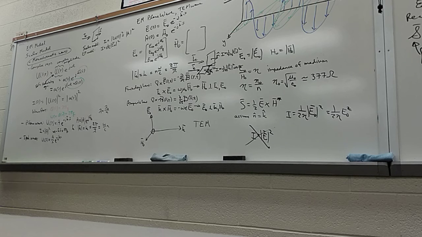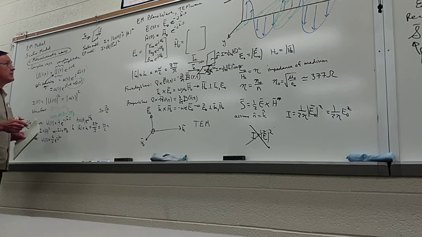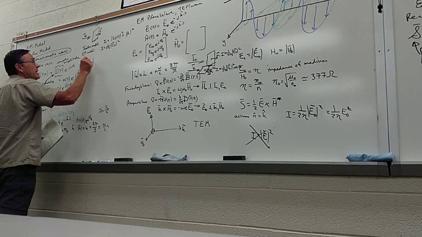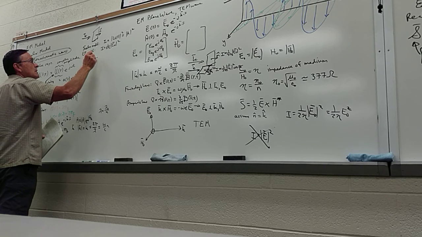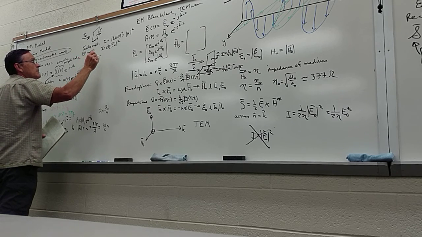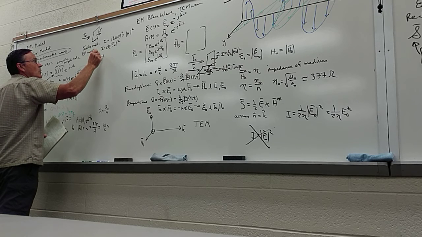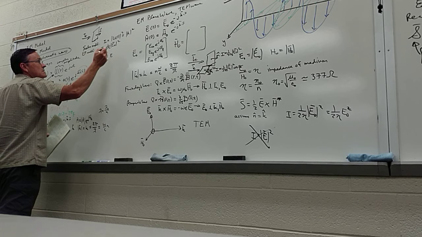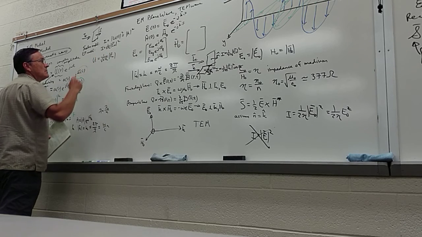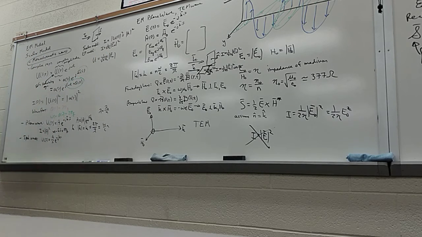So we can say that for a plane wave, we must have that for the scalar model, the complex amplitude is essentially 1/√2 eta times the electric field magnitude, something like that.